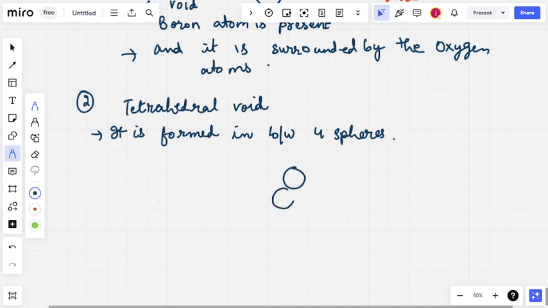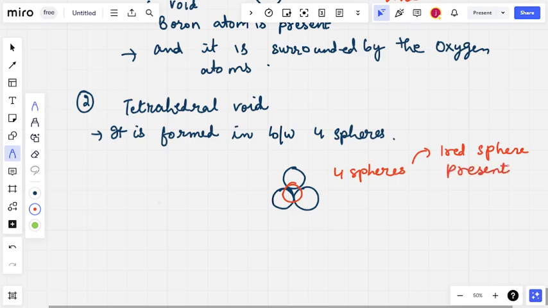So we have these three spheres and then one sphere is kept above this triangular void. Now we have four spheres. One red sphere is present above the trigonal void.